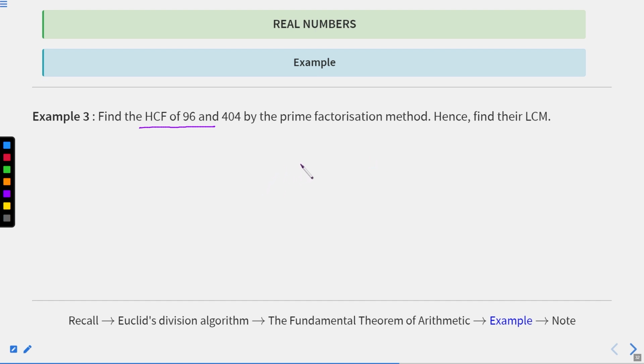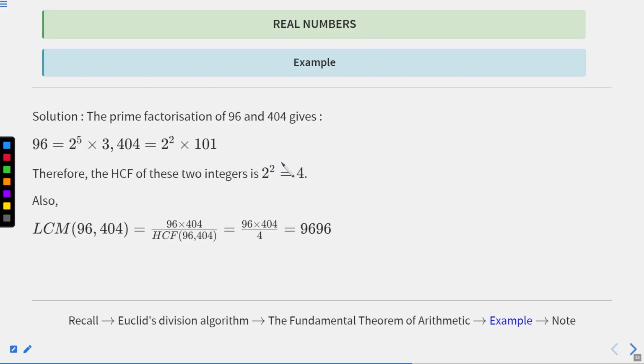Okay, so first find the HCF of these two numbers. First we have to factorize 96, and if we factorize 96, we get 2 to the power 5 into 3. And the factorization of 404 is equal to 2 squared into 101.